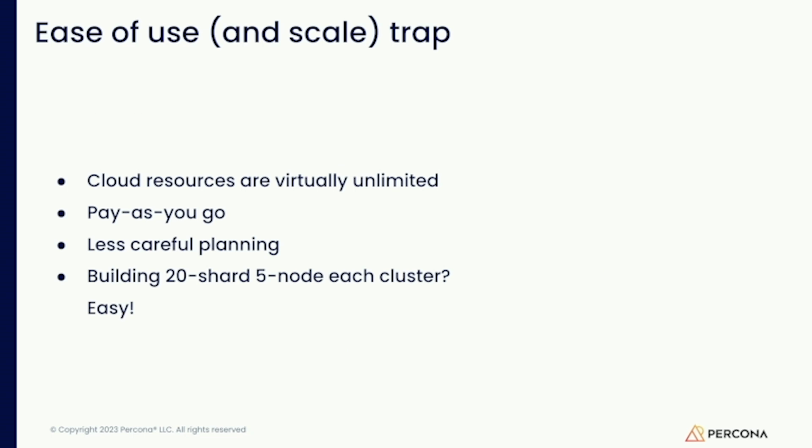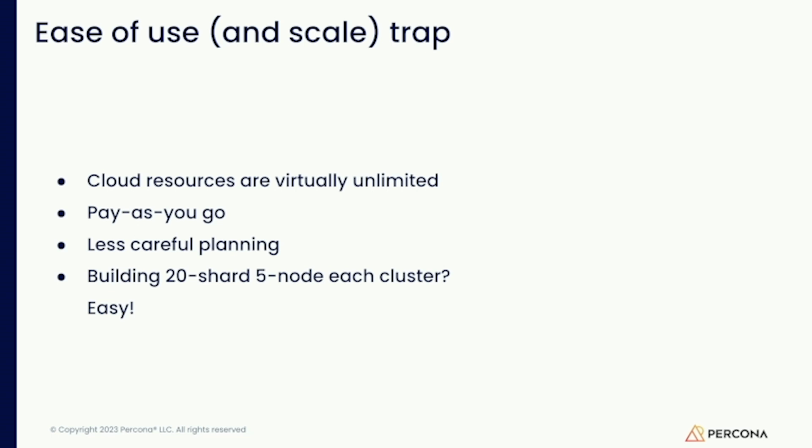When it comes to how easy it is to run things in the cloud, it is in a way also a trap, because it doesn't make you try to fit your workloads into the hardware that you have. It's so easy to just expand instead of thinking about optimizations. Cloud resources are virtually unlimited, so it's easy to just add more shards and make your virtual machines bigger.